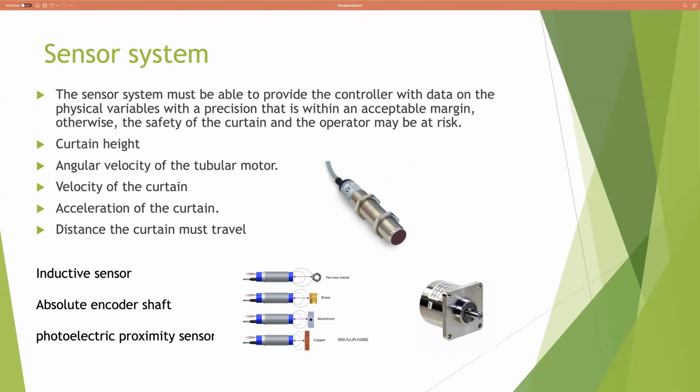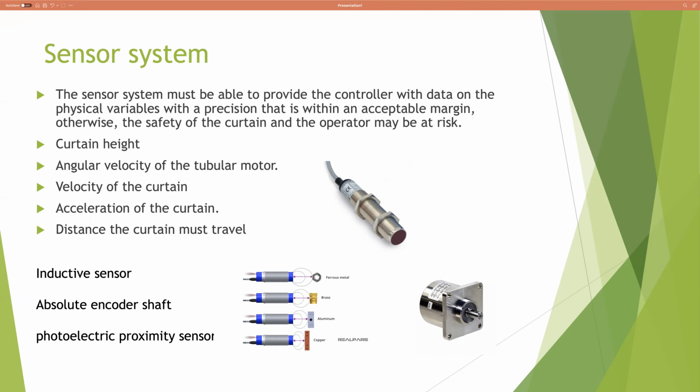So when our curtain reaches a certain position, the inductive sensor would send true, thus stopping our motor, or stopping the actuator from sending force to the door. We're going to place those at the maximum and minimum positions the curtain can pass. This would be good for automatic mode too: once automatic mode is started, we can make it go to the maximum and minimum, and that can be easily read by an inductive sensor.